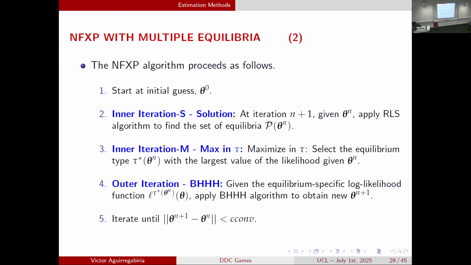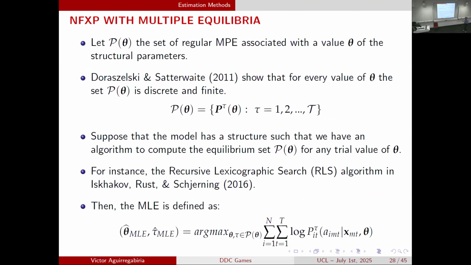Then we can use the vector of structural parameters theta at the previous iteration, calculate all the equilibria that this model has for this theta, and using these choice probabilities, choose the one, the tau, that gives us the highest likelihood. And we say, okay, that is the equilibrium type. Given that equilibrium type, we have now fixed tau at a particular value.